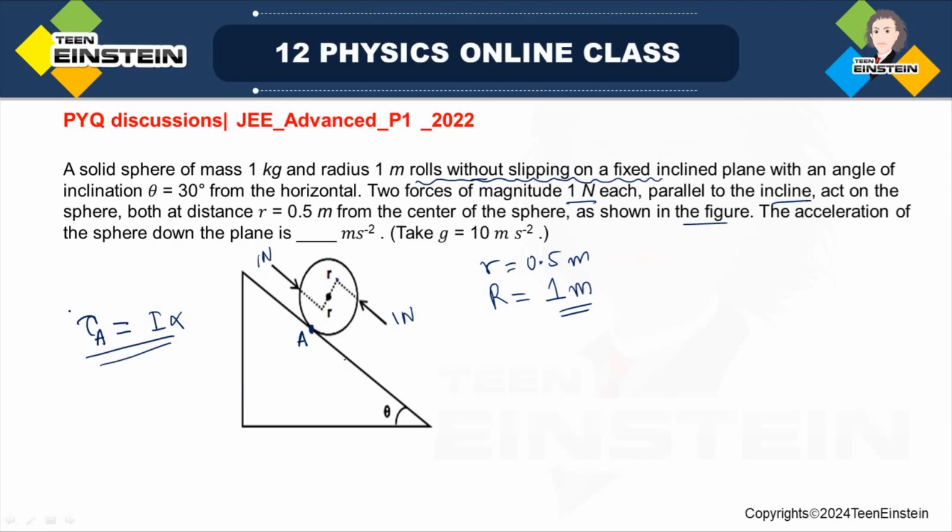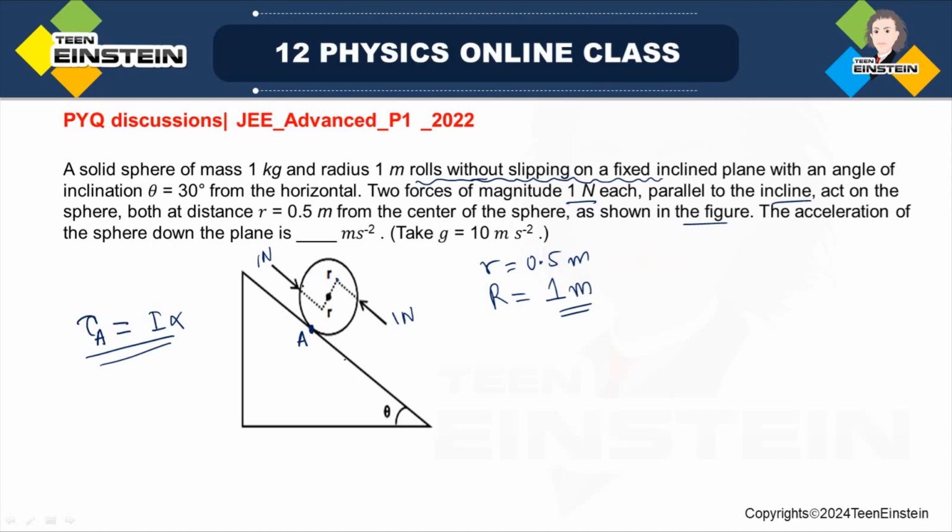So we have to now see what are the torques acting at this particular point on this sphere, or about this particular point on this sphere. So what is my aim now?